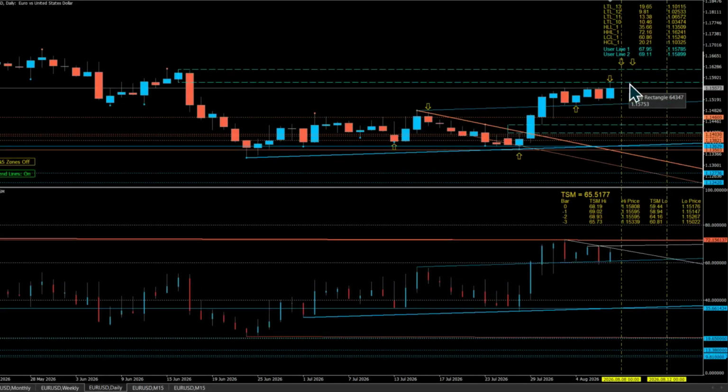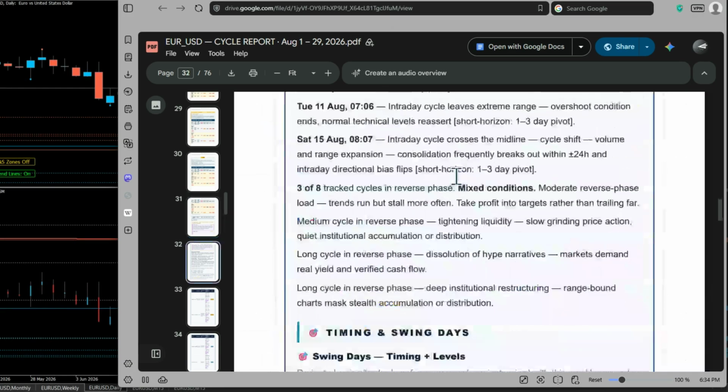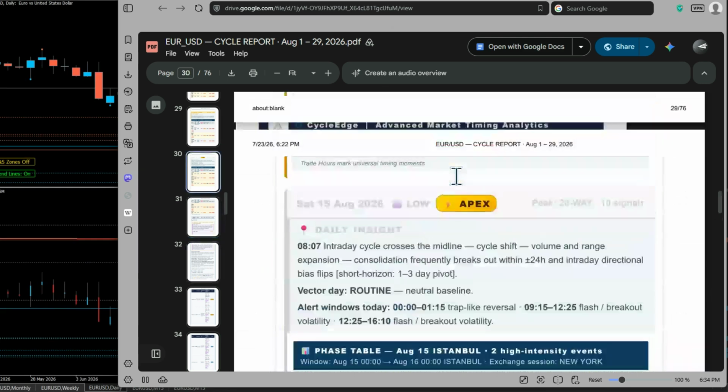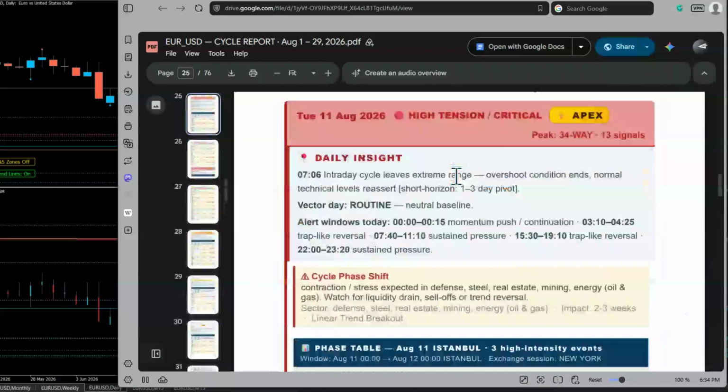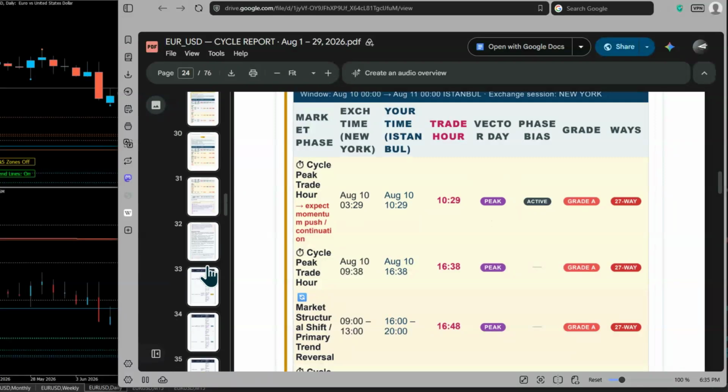So don't rush into selling. Monday can be an up day, and if you go up into Monday, you can see it's a peak day. All right, so be mindful. Monday can be a peak day. We could be up there somewhere, but we are looking for selling.